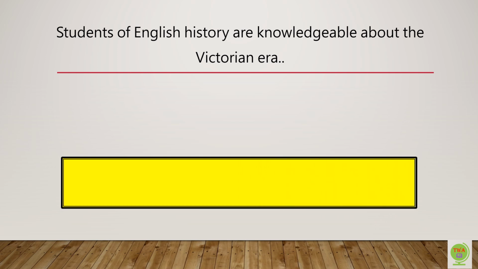If your answer is proper adjective, you are correct. Why? Because English and Victorian are proper adjectives that come from the proper nouns England and Victoria.